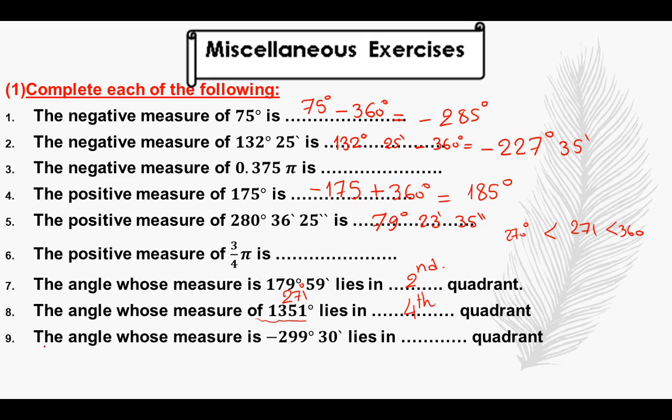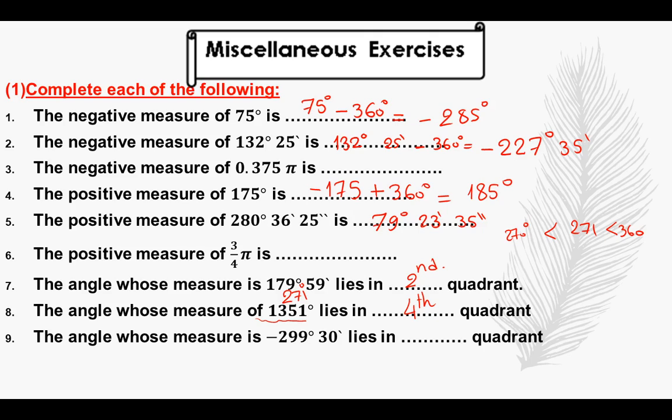Here, example 9, the angle whose measure is negative 299 degrees and 30 minutes. Here, this is a negative angle. It's better to transfer this angle to a positive one. Okay, to know its quadrant, you have to change it from the negative measure to the positive measure. So we will write negative 299 degrees and 30 minutes plus 360.